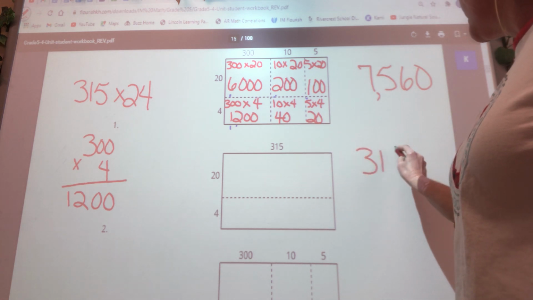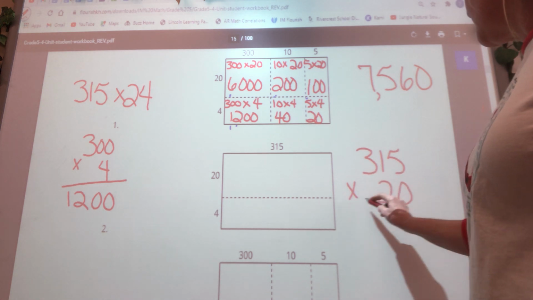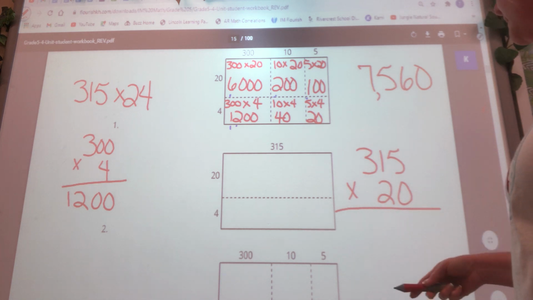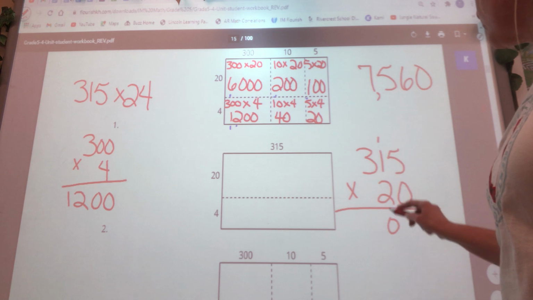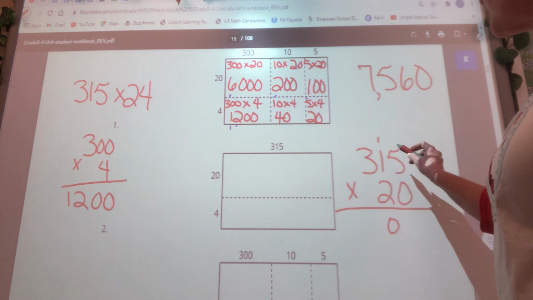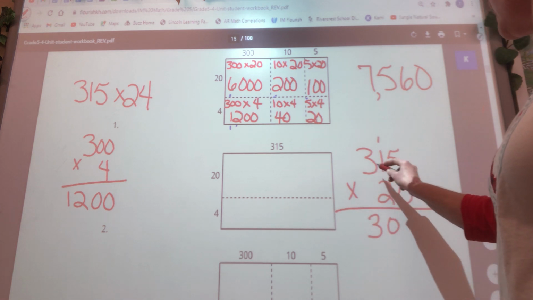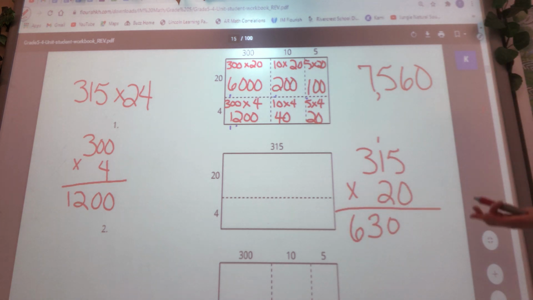So I would have 315 times 20. Now, I can still do quick math on this. My whole number parts that I see, 2 times 5 is 10, and carry my 1. 2 times 1 is 2, plus 1 is 3, and 2 times 3 is 6. And then how many zero place values did I not do anything with yet?